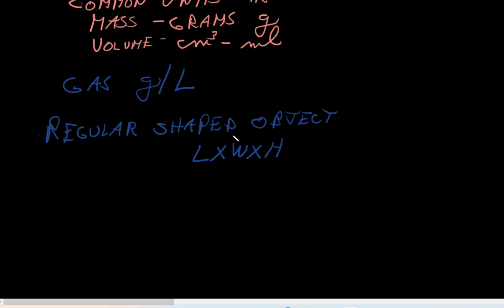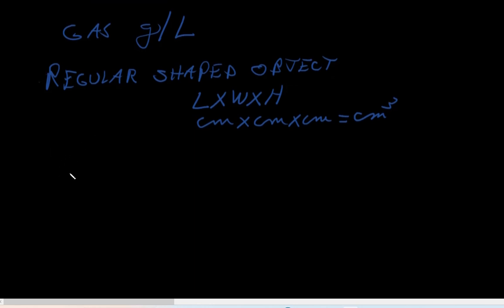So a centimeter times a centimeter times a centimeter, and that'll give you a centimeter cubed, or cubic centimeter. Now, if you're in a lab doing an introductory density lab, you probably have a block of wood or something like that, and you can measure length times width times height.